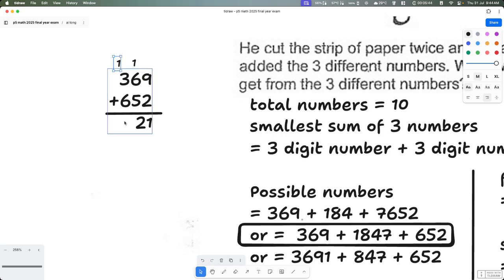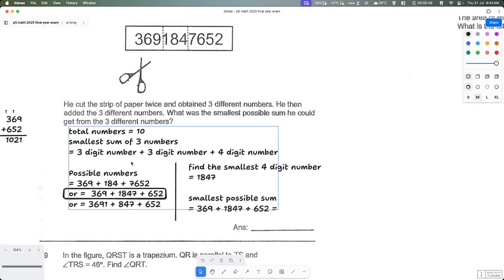So 3 plus 6 is equal to 9 plus 1, it will be 10. 1, 0, 2, 1. Okay, so this will be 1847 plus 1021.